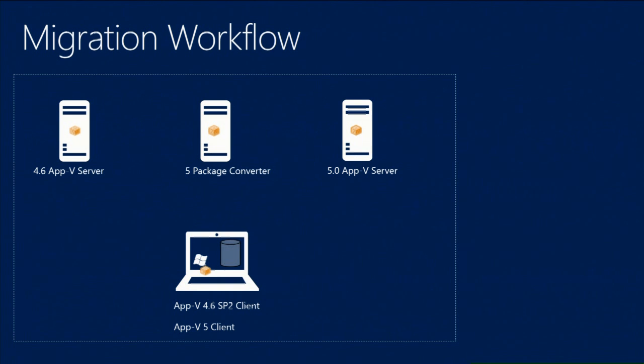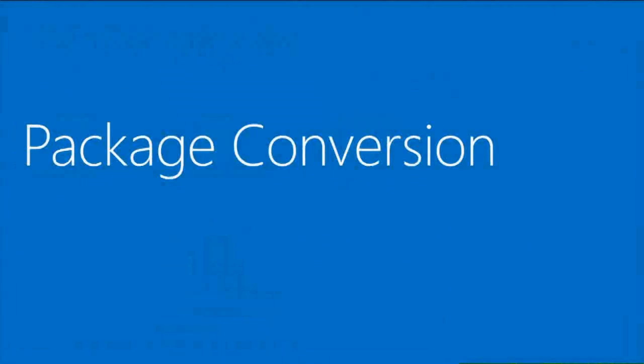But it's a gradual transition. It's not a hard cutover. And then what you'll do is you'll entitle the package and have it go down to the client, the 5.0 client. From the end user's point of view, there's no difference. They just continue to use the application.